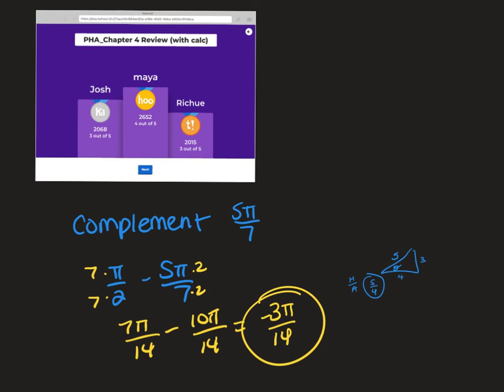So the rule is anything bigger than pi over 2 cannot have a complement. Half of 7 is 3.5, so 3.5 pi over 7 is the same thing as a half pi. And because 5 is bigger than 3.5, it's too big to have a complement. It can have a supplement, but it's too big to have a complement.